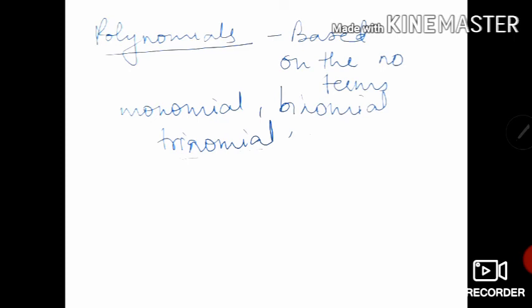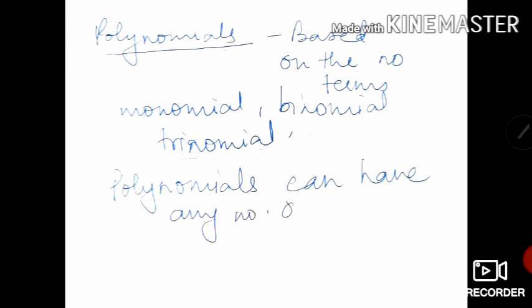Yes, polynomials can have any number of terms. But it is not infinite. So a polynomial can have more than 3 terms, but the number of terms should be finite.